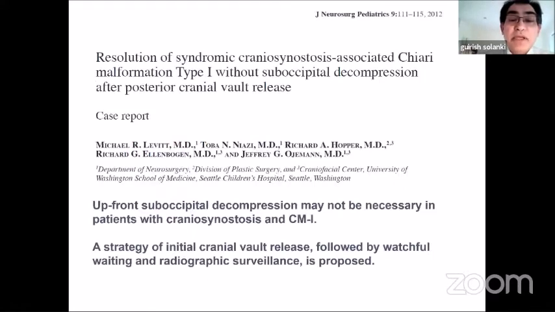Further reports from the States, from Professor Ocherman and Richard Allen Bogan, say that a suboccipital decompression is not necessary if you treat the Chiari malformation with a standard procedure for syndromic craniosynostosis, which is a posterior cranial augmentation. So a strategy of initial cranial vault release followed by watchful waiting and radiological surveillance is proposed.